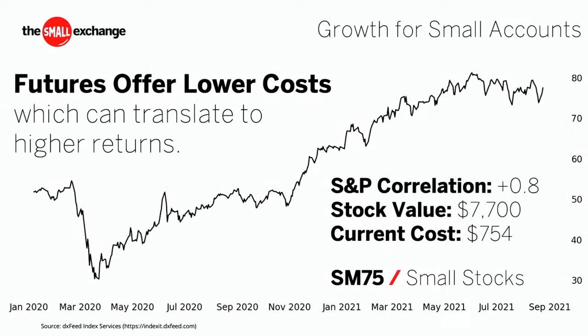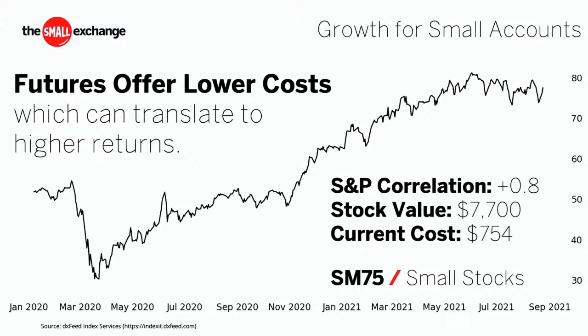Futures offer lower costs, which can translate to higher returns. All those returns, those 9.7% average and everything else, are based on buying and owning equity. Here in the small stocks, which is one of our favorite products here at the Small Exchange, one that we launched more than a year ago, you've got a market that has a stock value as of today of $7,700. If I have a $5,000 account, how do I get $7,700 worth of stock that has a high correlation to the S&P 500?